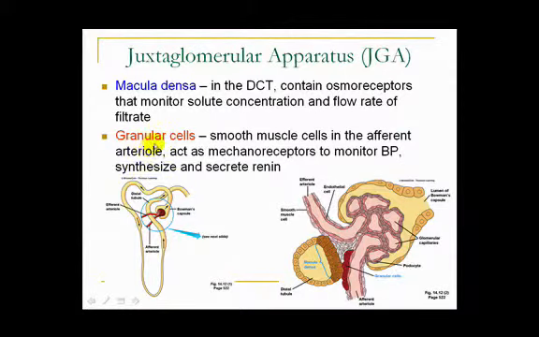The granular cells are actually smooth muscle cells that you see here that are found in the wall of the afferent arteriole. And they have mechanoreceptors that are detecting stretch and pressure to monitor blood pressure. And these are the cells that release renin.